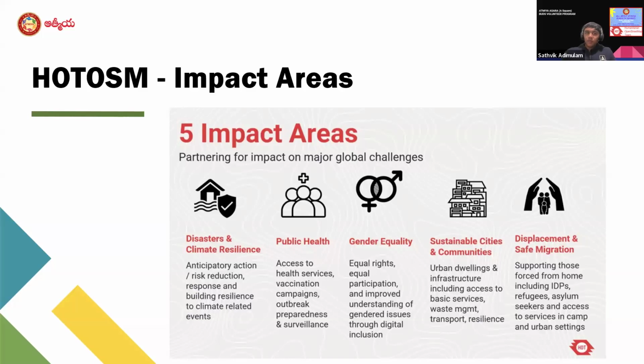You basically improve the quality of life in these places and basically improve the quality of these cities. And the last one is displacement and safe migration. By mapping the data, the maps will have more information on where exactly places are. It allows you to better take care of people that are displaced or people that are seeking refuge.